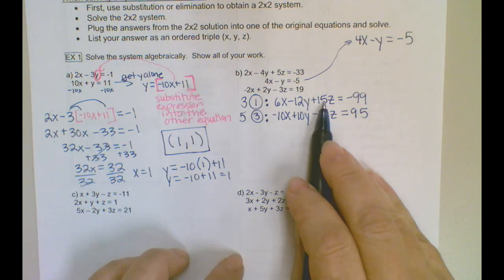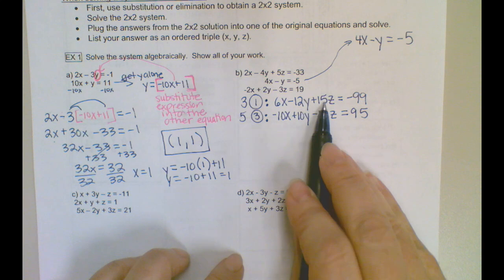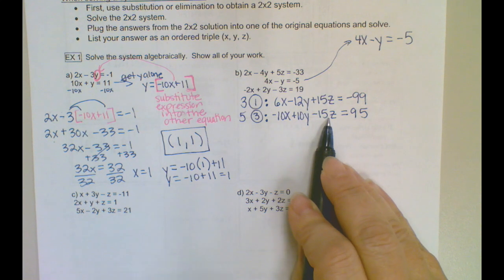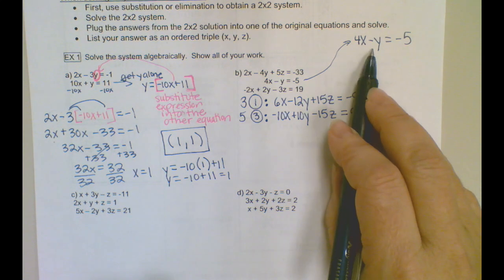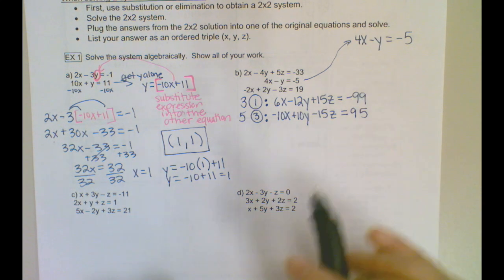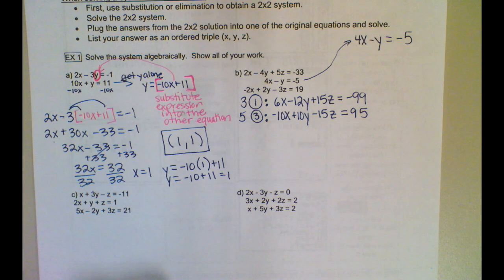And so now I have the desired opposites on the z's. Again, I chose to eliminate z because I already had z eliminated here. You can choose to eliminate whatever variable you want, which I think you can then be intuitive and realize that everyone's work could look completely different, which is, again, why I need to be able to follow where you went in your work.